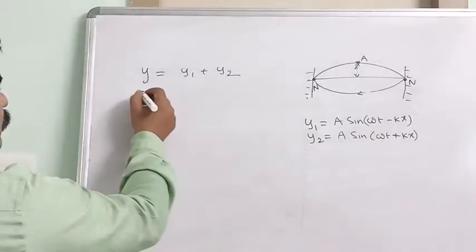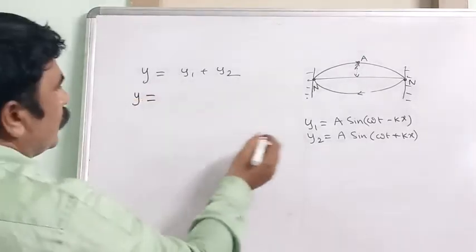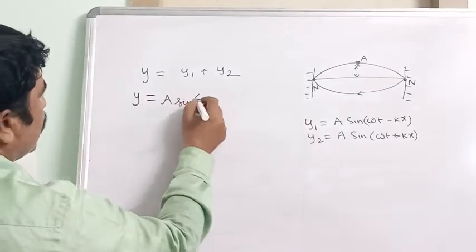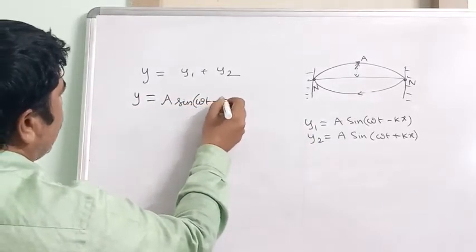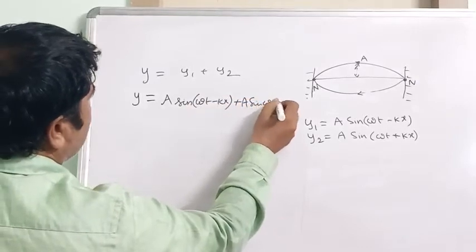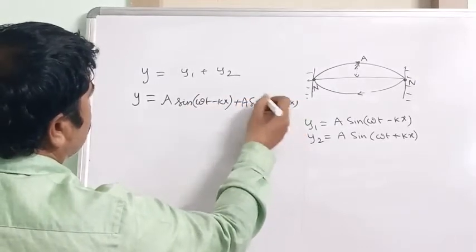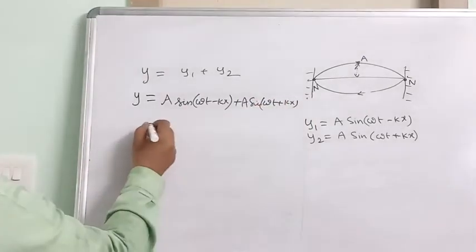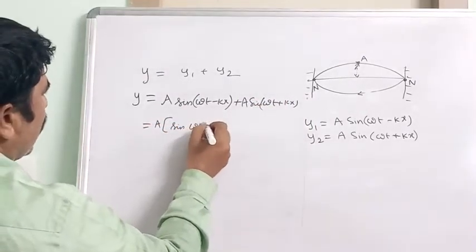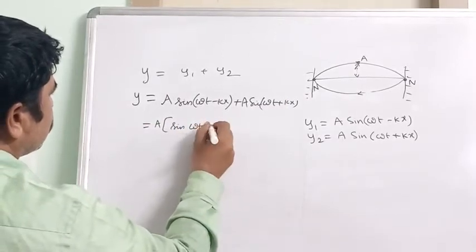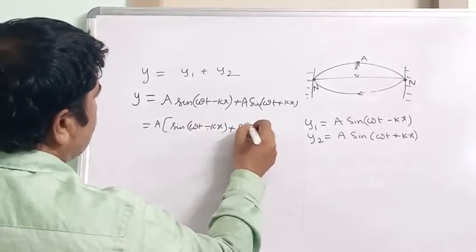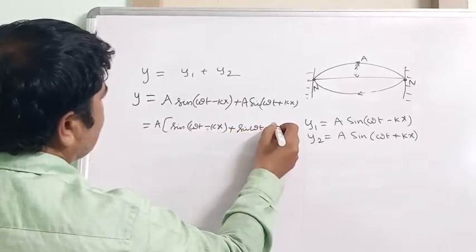Substitute the values: y = a sin(ωt − kx) + a sin(ωt + kx). Take a common, and what you get is a times [sin(ωt − kx) + sin(ωt + kx)].